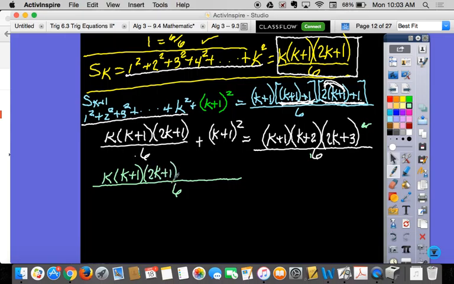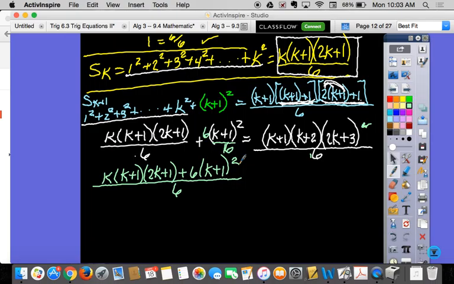All those terms just sit there. But over here, his denominator was 1. So to force the denominator to be the same, don't you just do 6 and 6? So I need 6, k plus 1 squared, and that'll make this a common denominator.